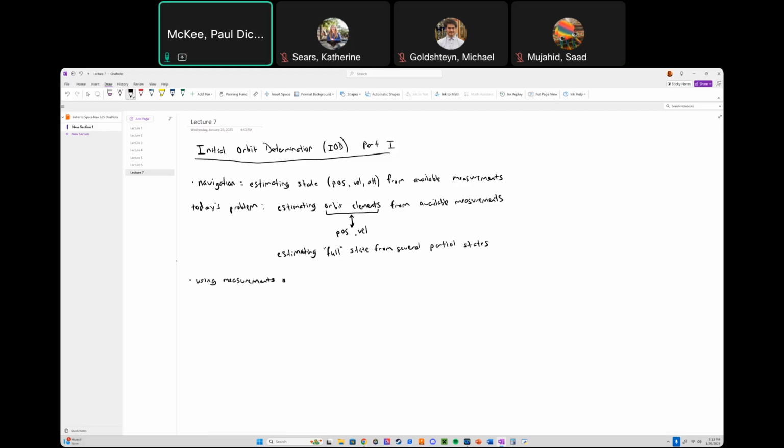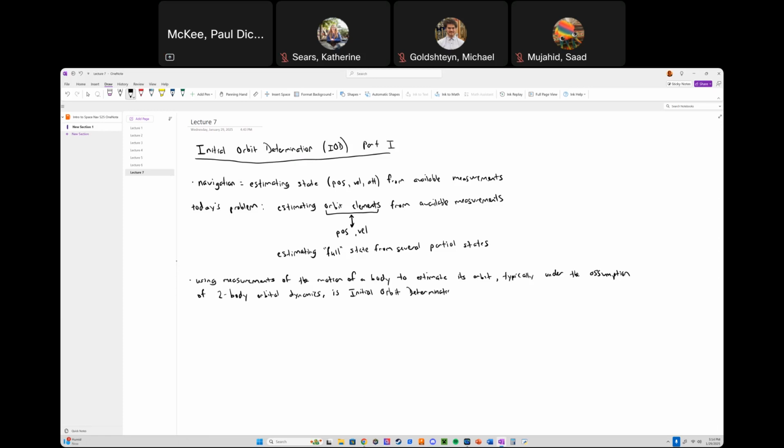Using measurements of the motion of a body to estimate its orbit, typically under the assumption of two-body orbital dynamics, is initial orbit determination, or IOD.